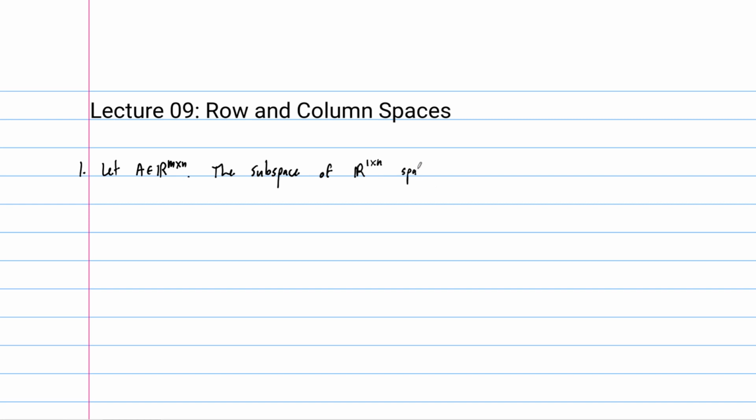And so the subspace of this space that is spanned by the rows of A. Remember, the rows of A are denoted by, I'll write them in set form here, a1, a2, etc., with little arrow hats on them, and there are m of these that live in R^(1 by n).